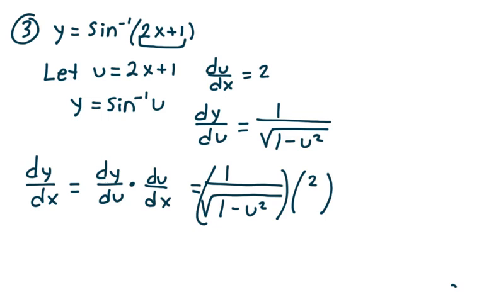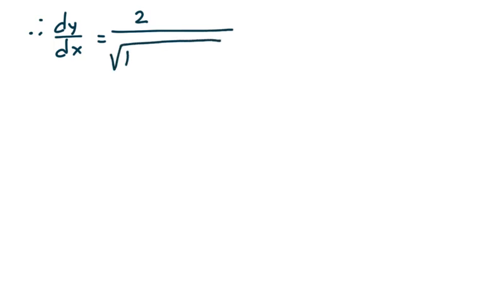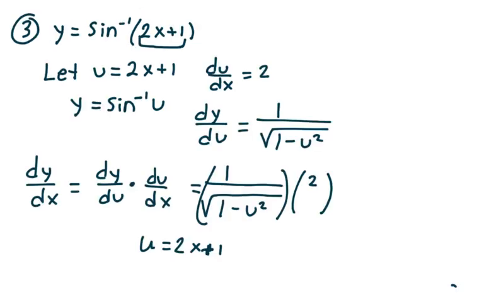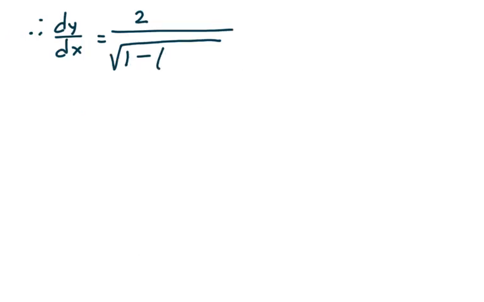But remember, u is 2x plus 1, so I'm going to substitute that in. So dy dx is 2 divided by the square root of 1 minus the quantity 2x plus 1 to the second.